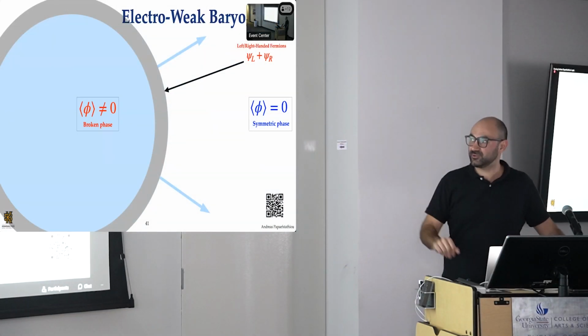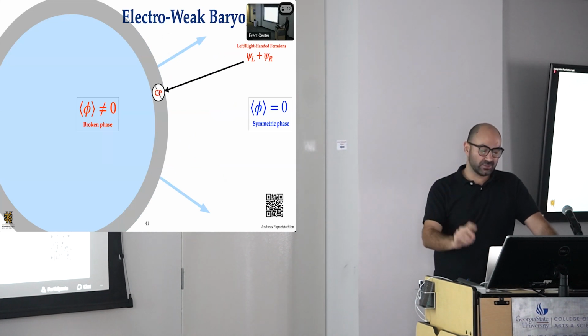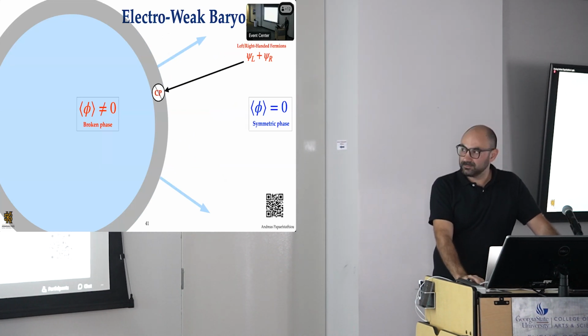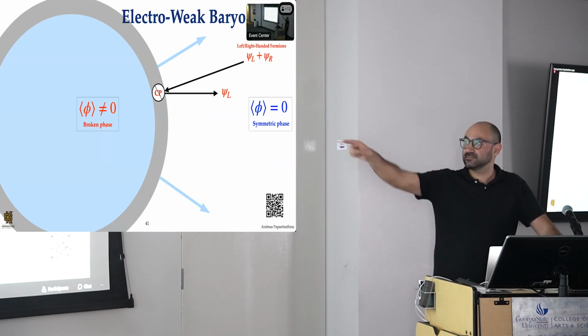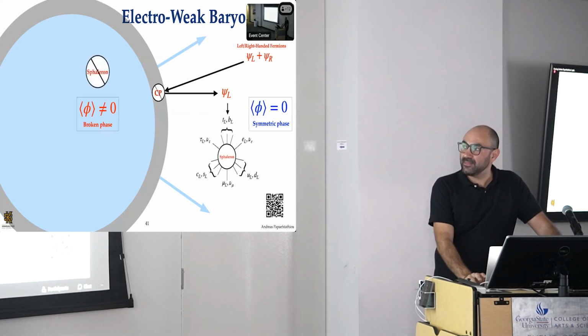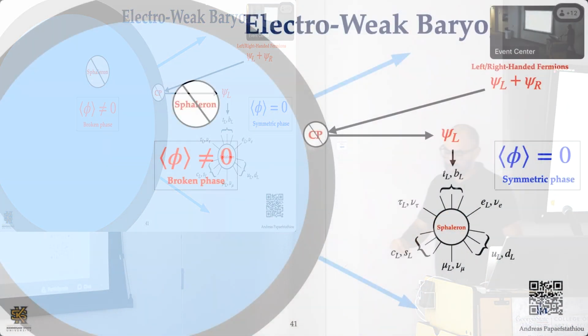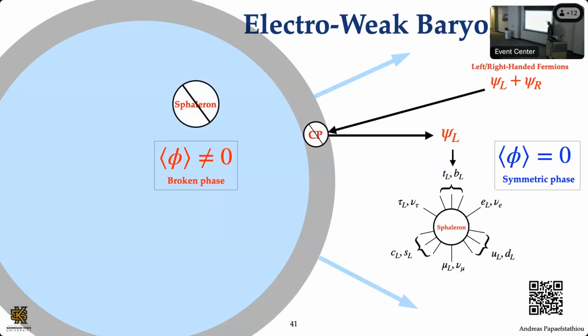Those arrows are demonstrating the expansion. There are some interactions on the wall of the bubble that are biasing one-handedness of these particles. And then there is another class of processes called sphalerons, which take these left-handed fermions and bias the content in the symmetric phase towards matter.